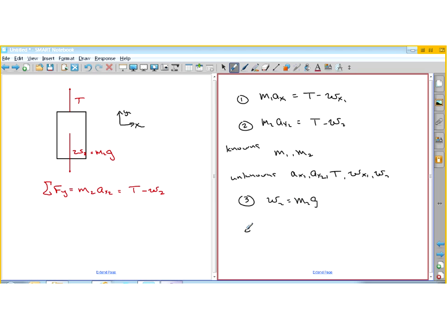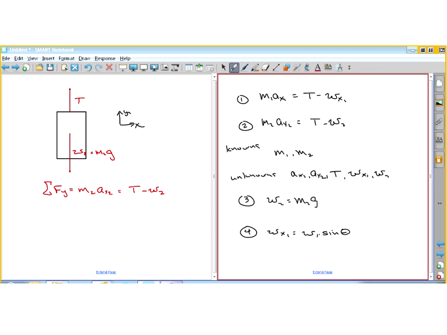Okay. We also know that W sub x1 is equal to W1 times the sine of theta.